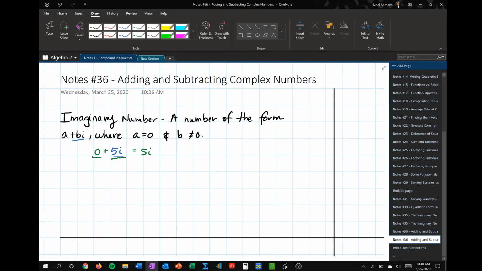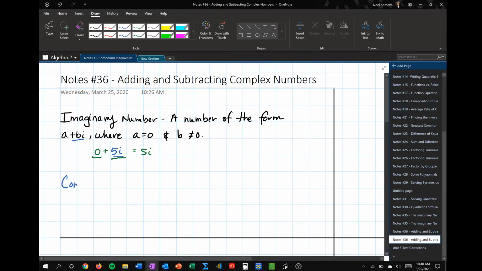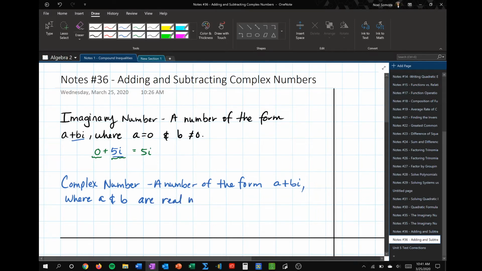Now, what about complex? A complex number has to include both parts. So it's a number of the form, again, still a plus bi, but this time where a and b are real numbers. That just means a and b.